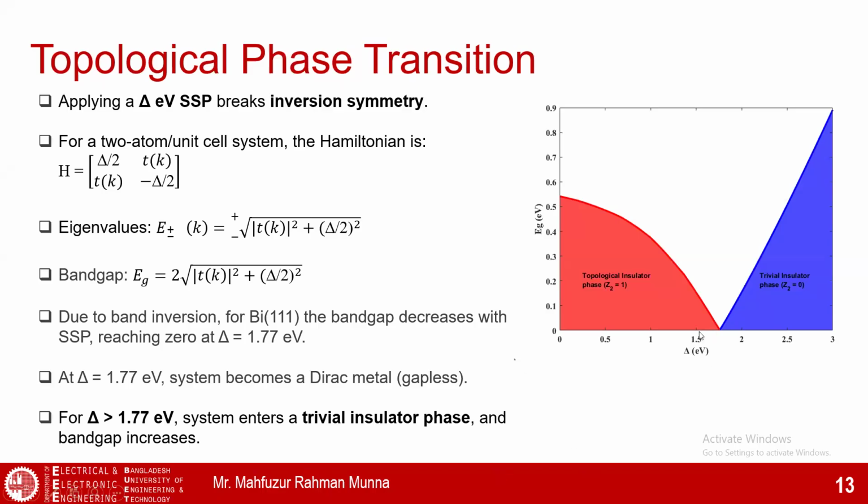This is an important finding because we can induce a staggered sublattice potential by applying an electric field. And in our designed structure, we will apply a perpendicular electric field to intentionally break this inversion symmetry.